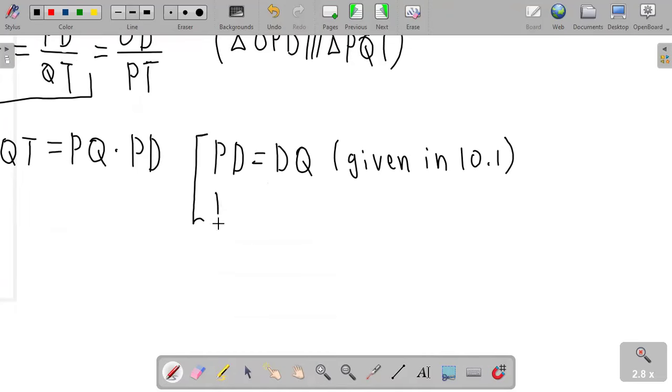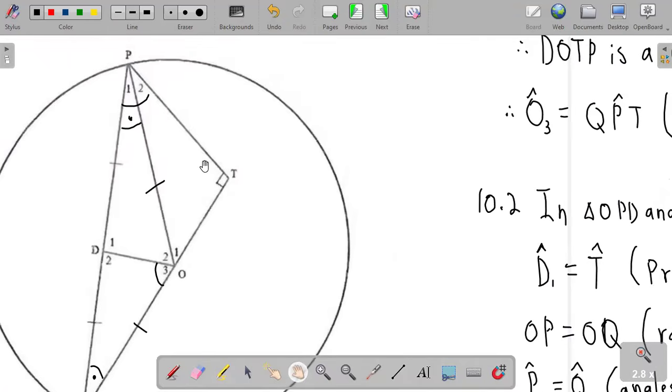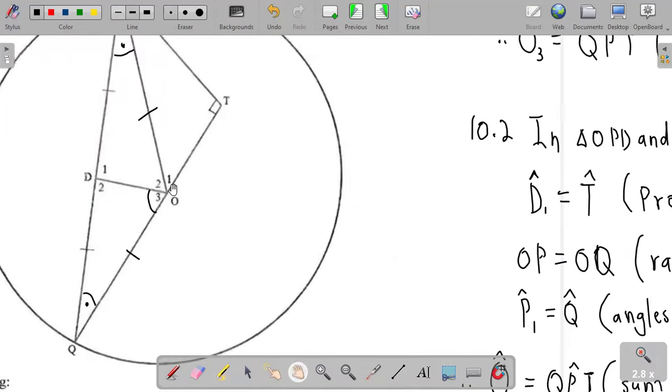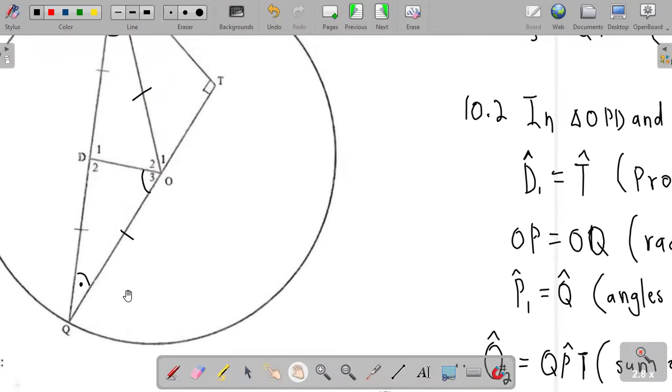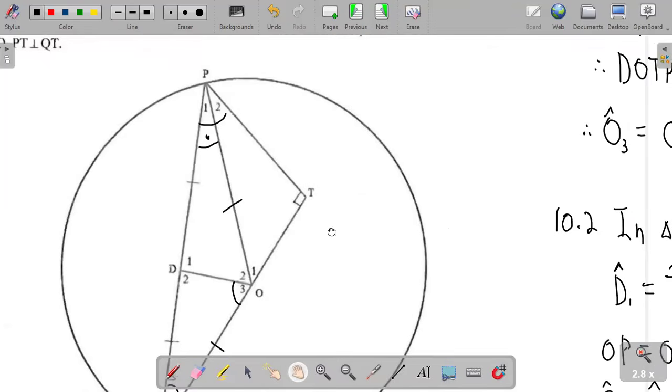We know that PQ equals 2PD, because PQ is from here to there, isn't it?